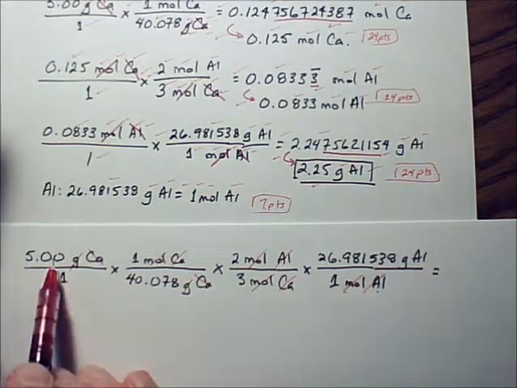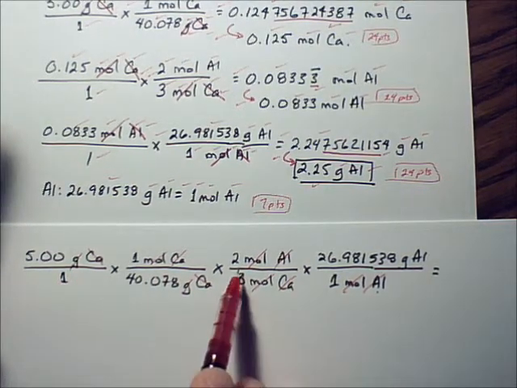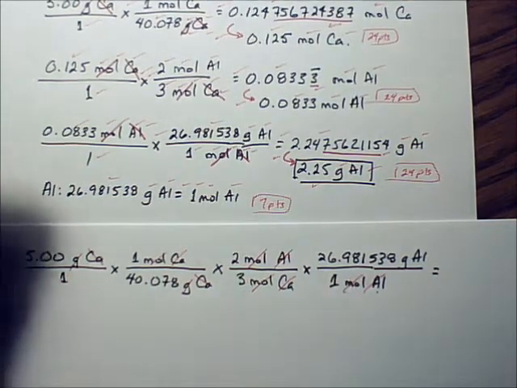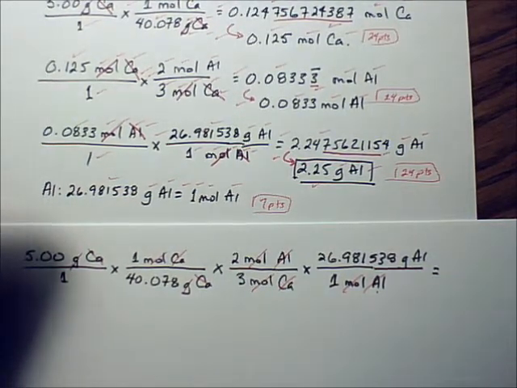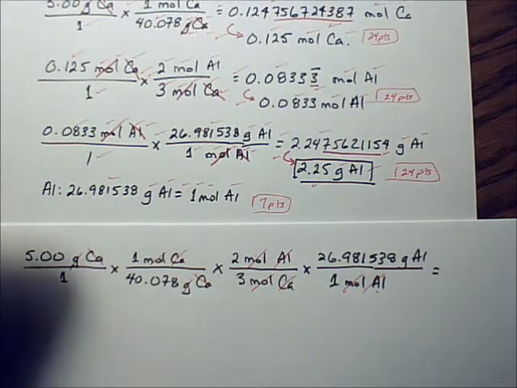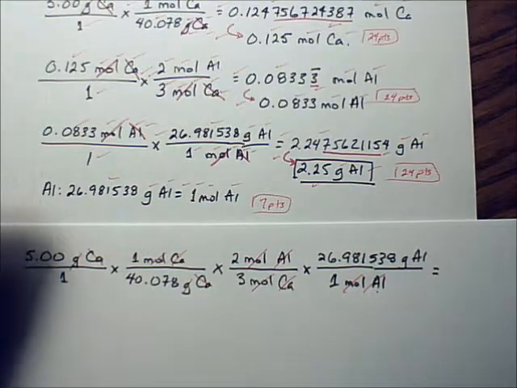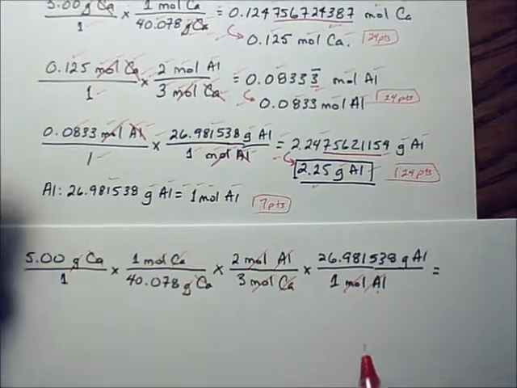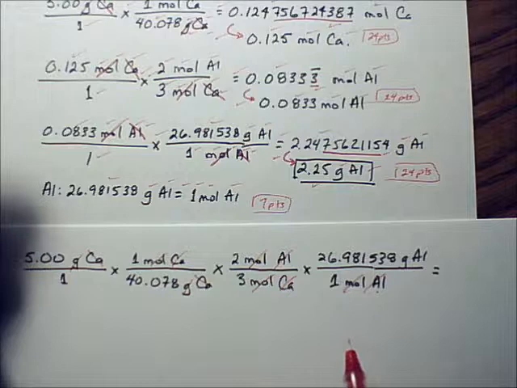So in your calculator, go ahead and multiply 5 times 2 times this number. Everything across the top. Okay. Everybody got that?